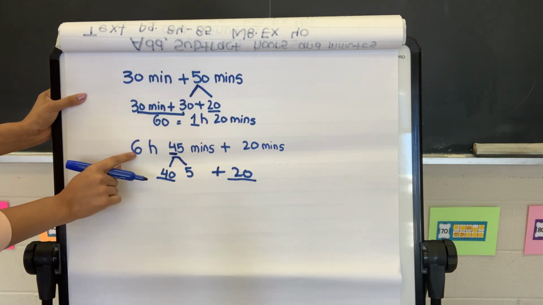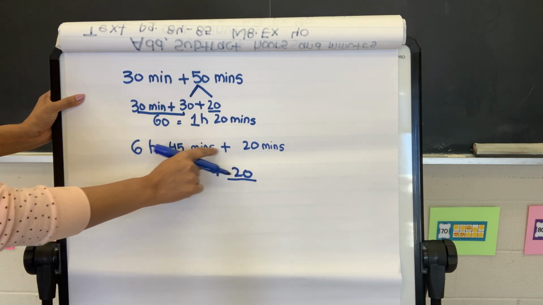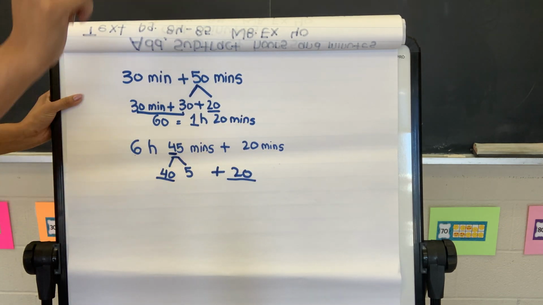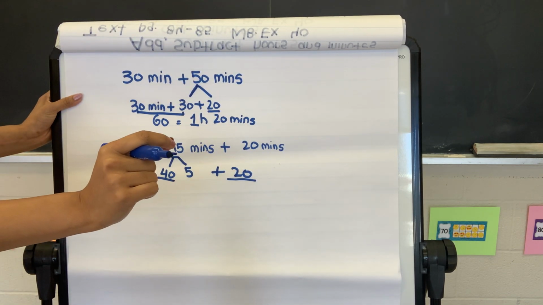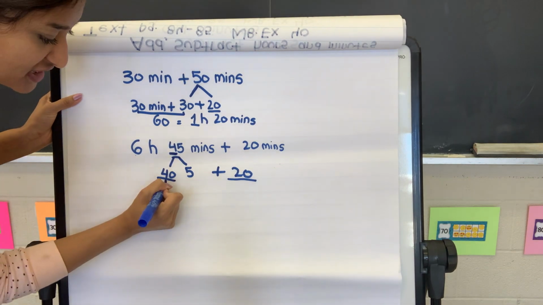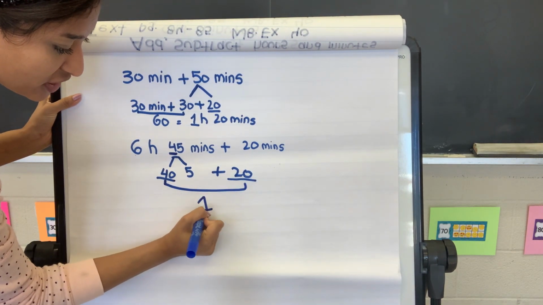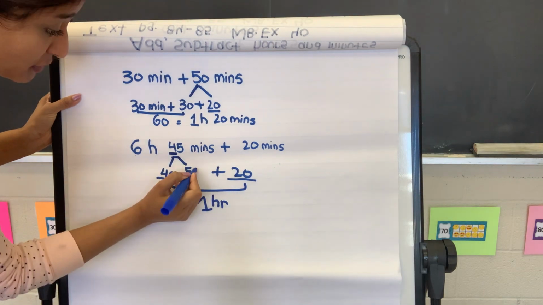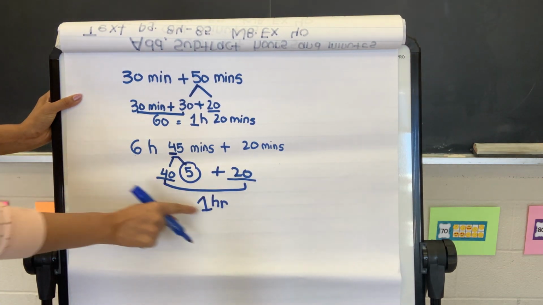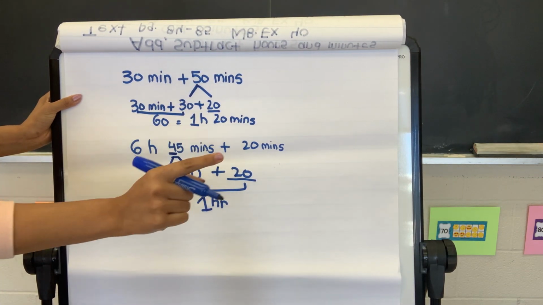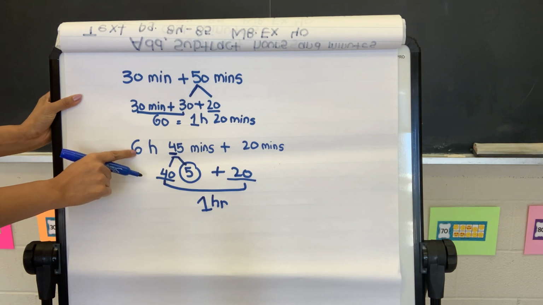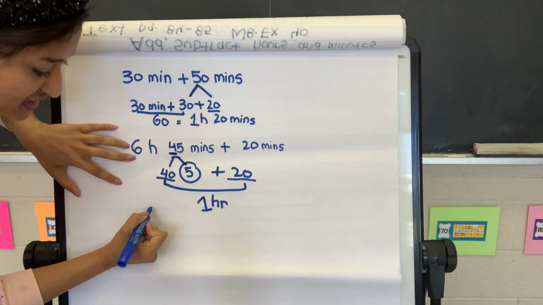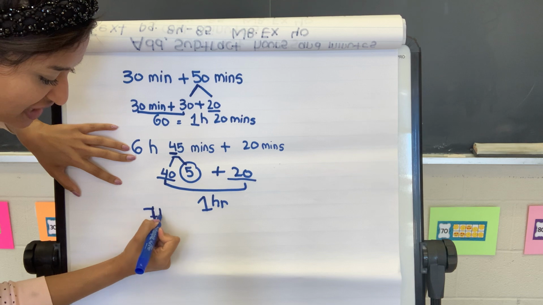So with 6 hours, 45 minutes plus 20 minutes, how many hours do I have so far? I just made 1 more hour, right? I haven't touched my 5 yet, but 40 and 20 gave me another hour. So that means my final answer is going to be 7 hours.